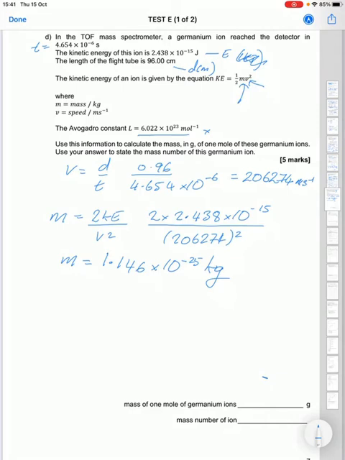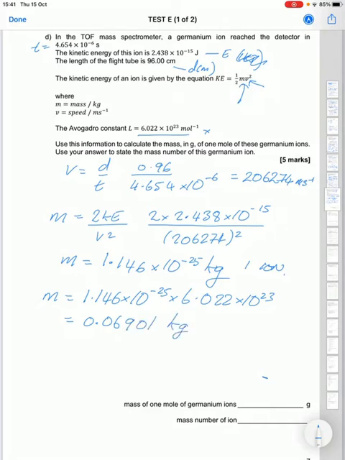Okay, so that's the mass of one ion. So the mass of a mole of ions is going to be 1.146 times 10 to the minus 25 times Avogadro's number, which is going to equal 0.06901.